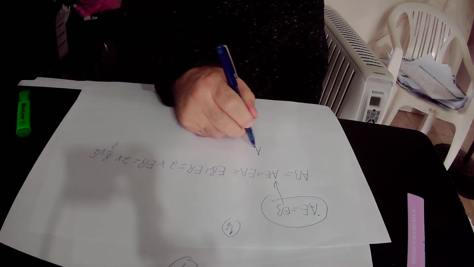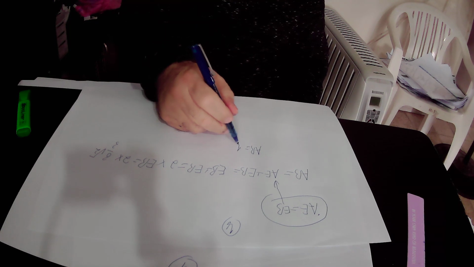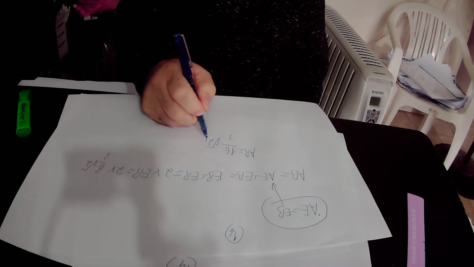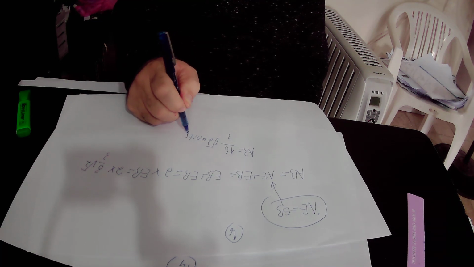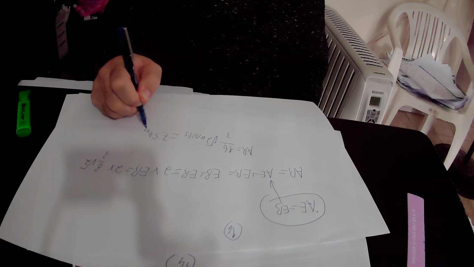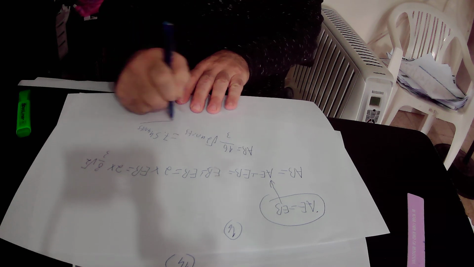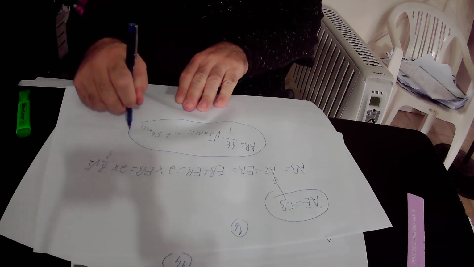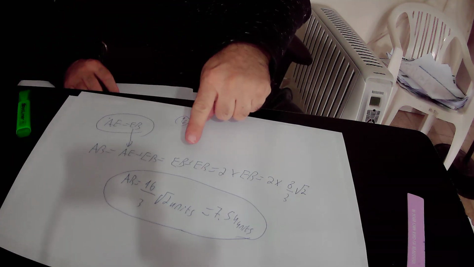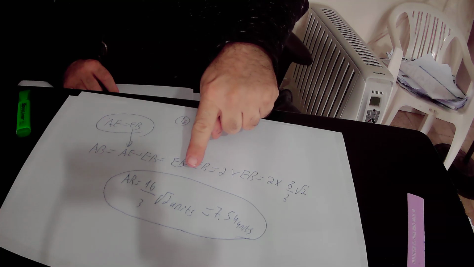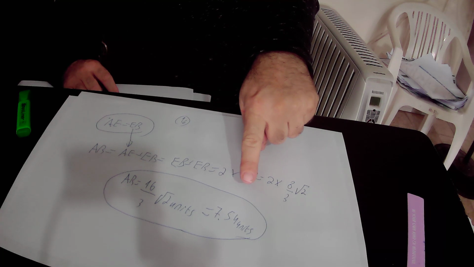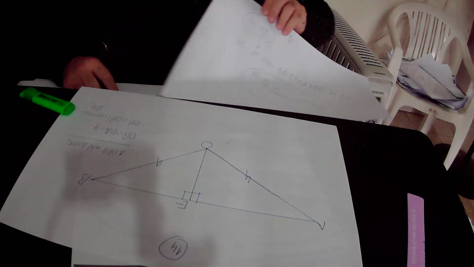That is to say, AB equals 16/3 times the square root of 2 units, or in terms of numbers, AB equals 7.54 units. Okay, I will repeat again.